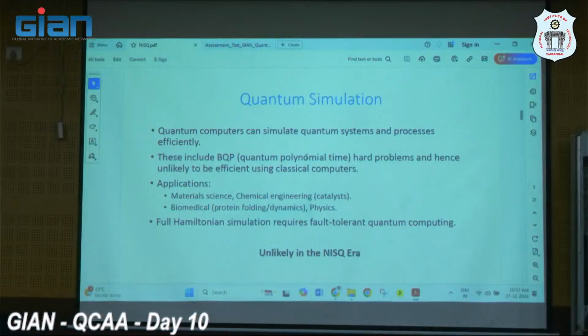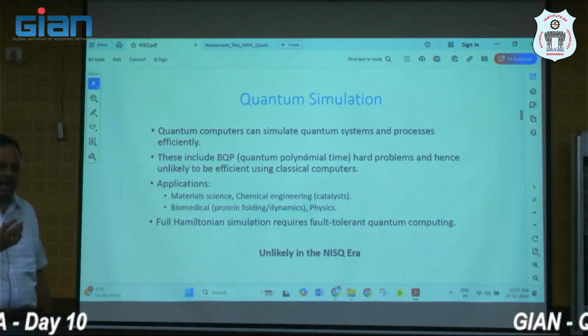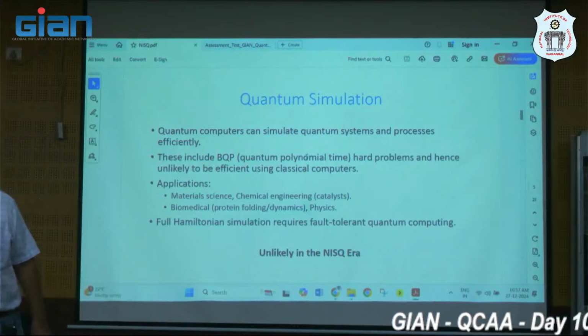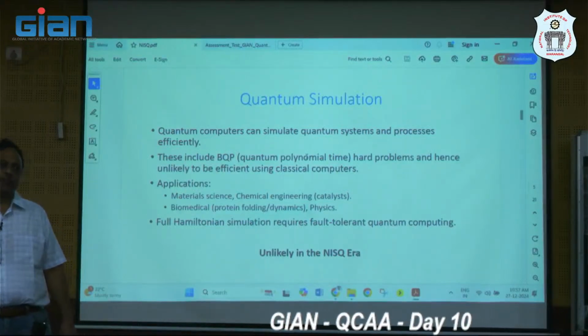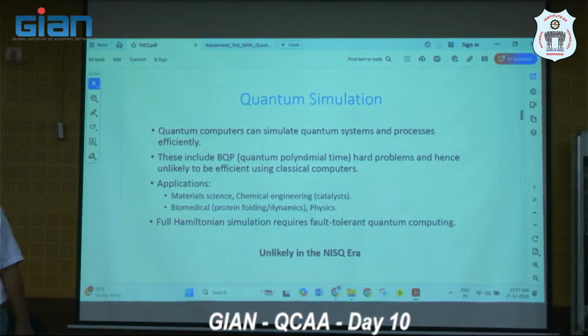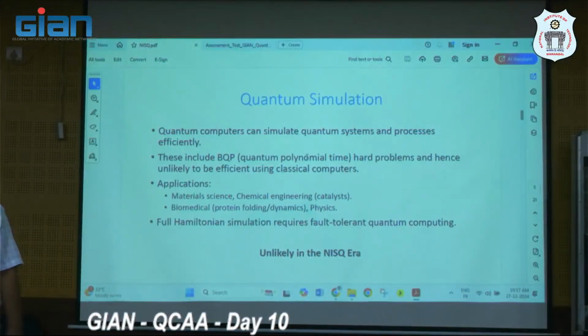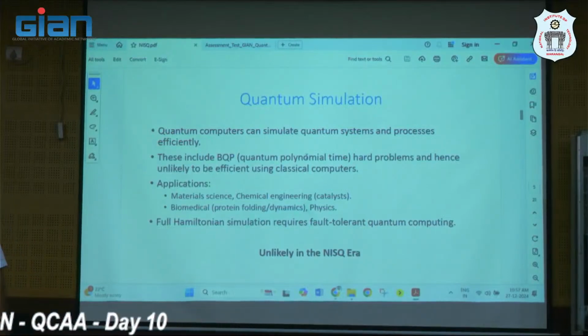Now the point is, if you can simulate quantum systems, that means you can actually run a quantum polynomial time computation. Agreed? If you can run quantum polynomial time computation, of course, you cannot do that without error correction, correct? Because you have to scale.